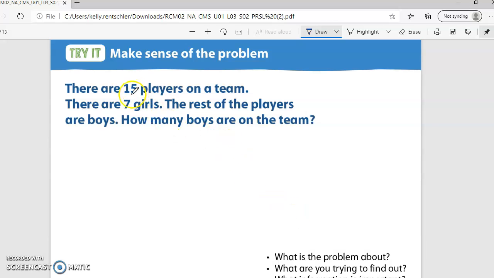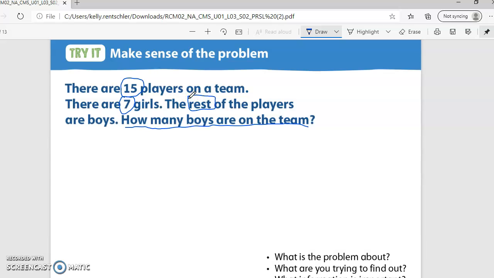So let's see. Circling our numbers. There's 15 players. There's 7 girls. How many boys is our question? And the rest is a keyword.